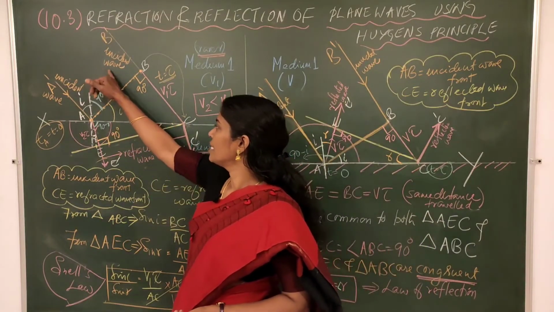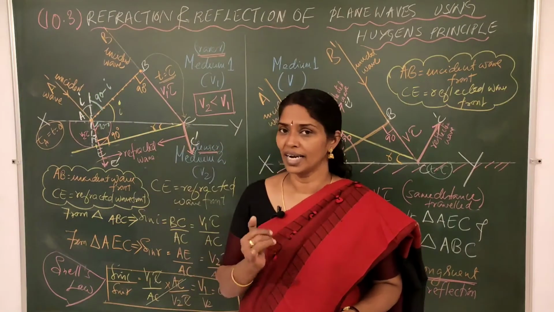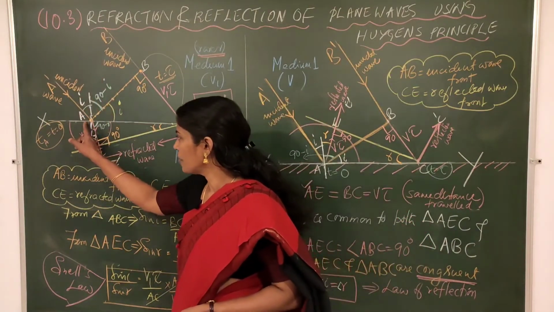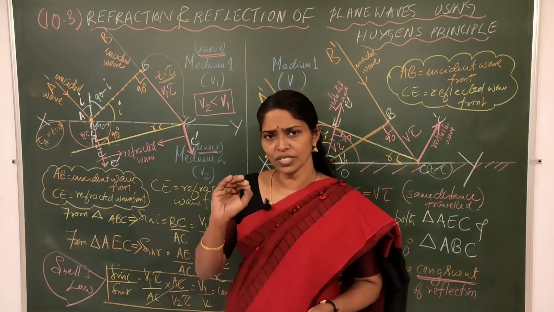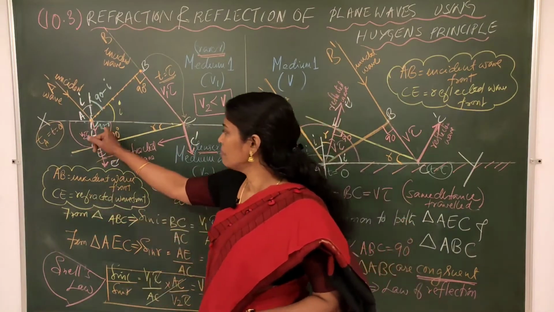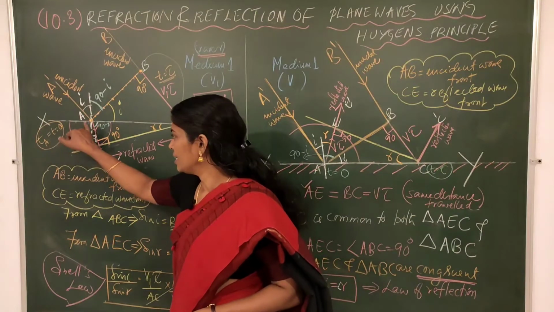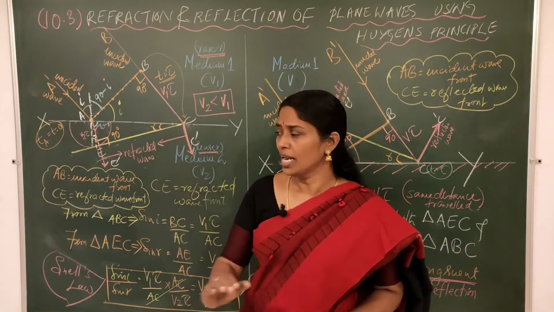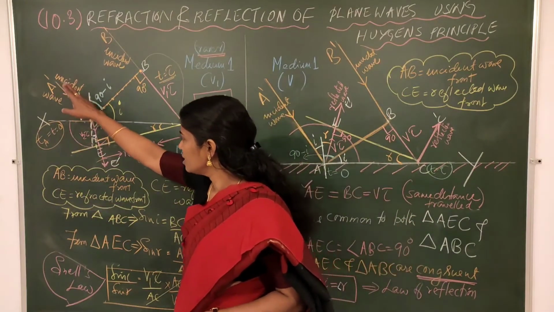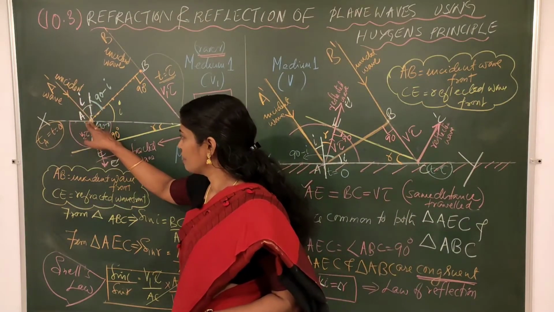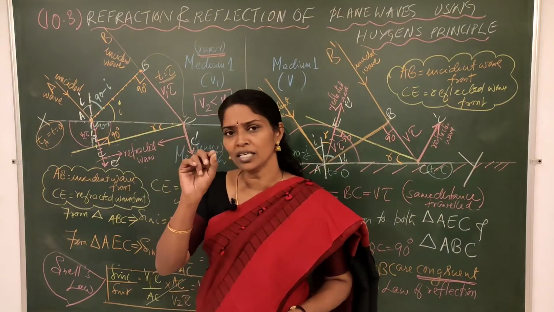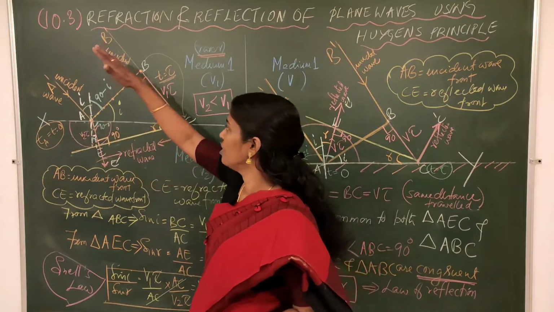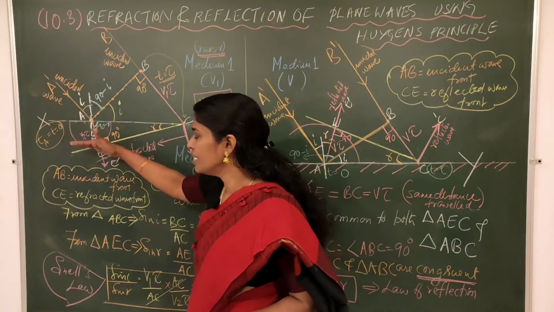Now come back. We know the incident wave and wavefront are 90 degrees to each other. Now, the incident wave falls at the point A at time t equal to 0. At that time, the source at the point A has already reached the boundary and is going into medium 2.